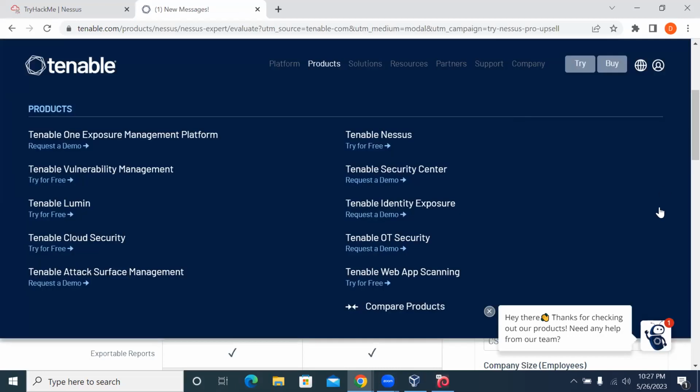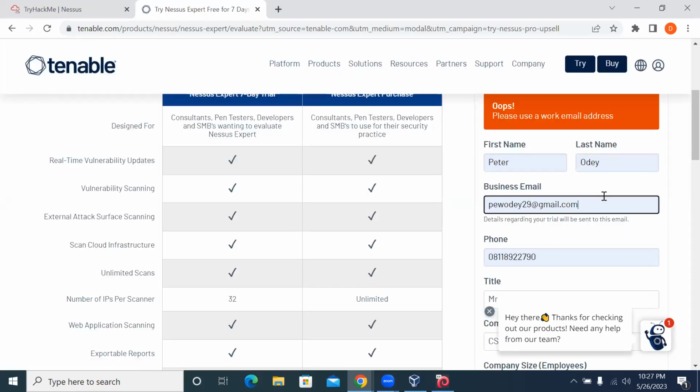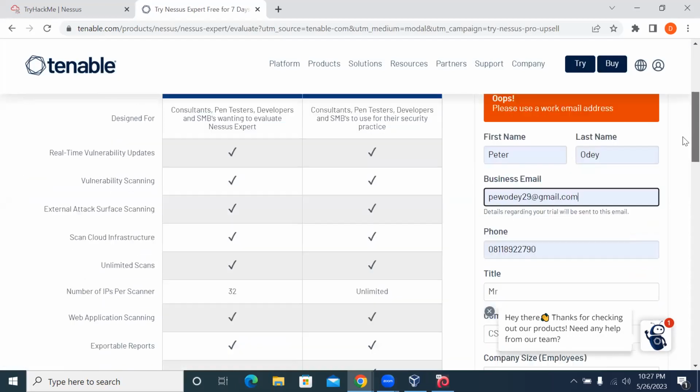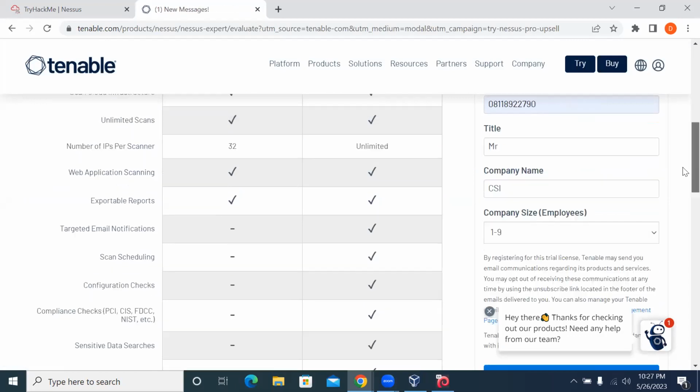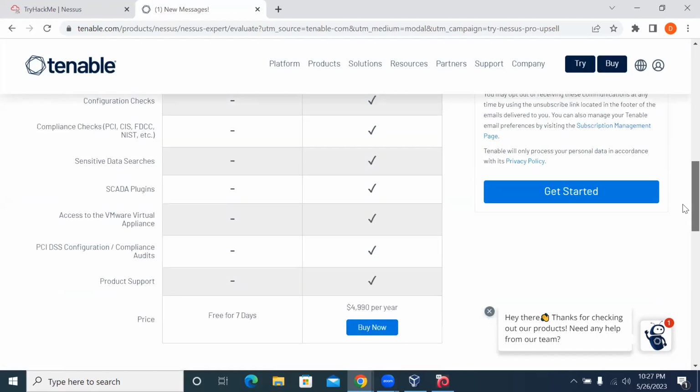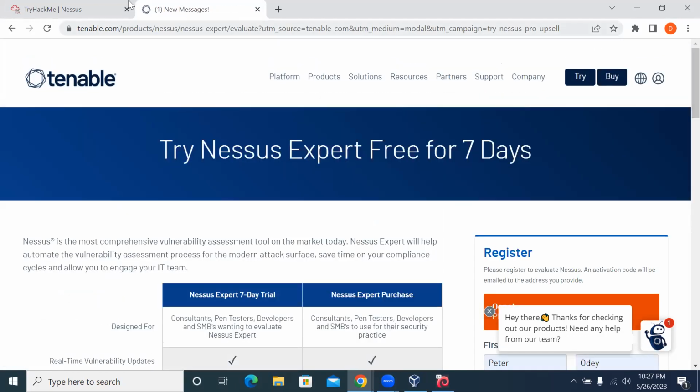So they say, please use a work email, right? Use a work email. And I don't have a work email to use. So please, those of you that have a business email, please go ahead and use that. You'll get a copy of Nexus sent to that email for you. So you can use that.